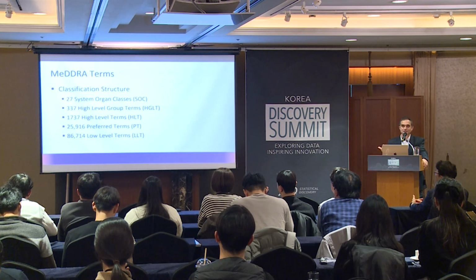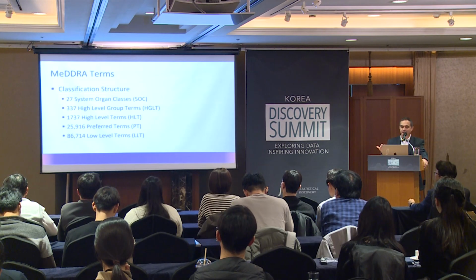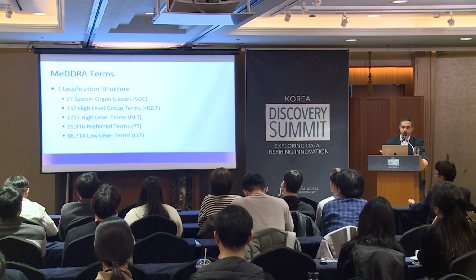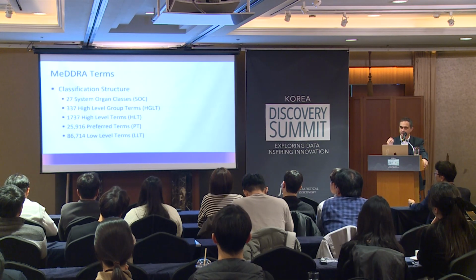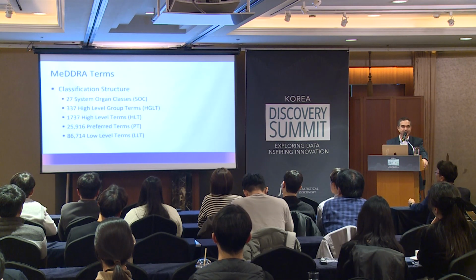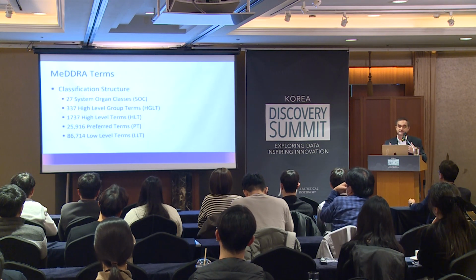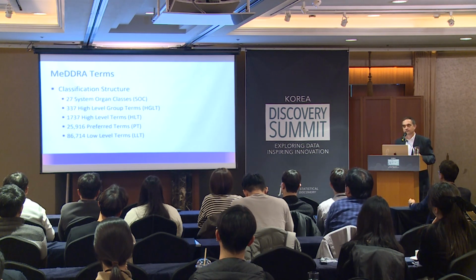Now, MedDRA itself is fairly complex as a data standard. It actually has almost 87,000 terms that can be used to classify an adverse event. But they're organized in a hierarchy. So at the highest level, you have adverse events that are related to a system or an organ class.